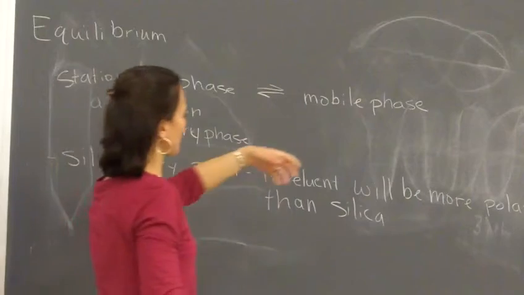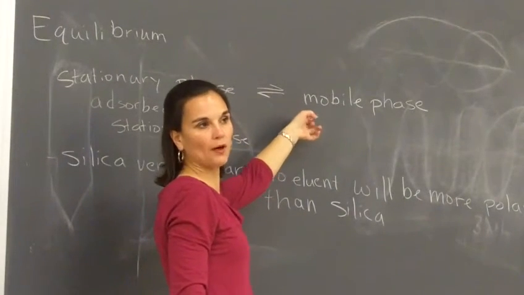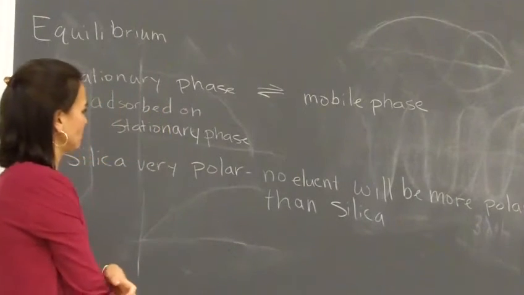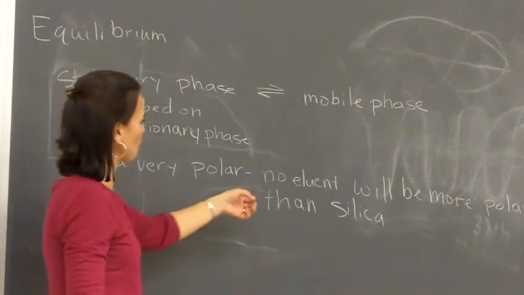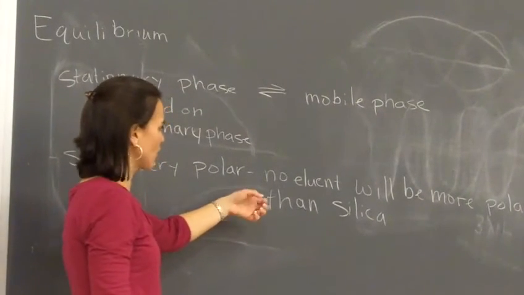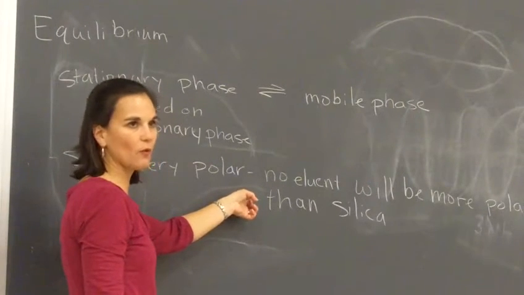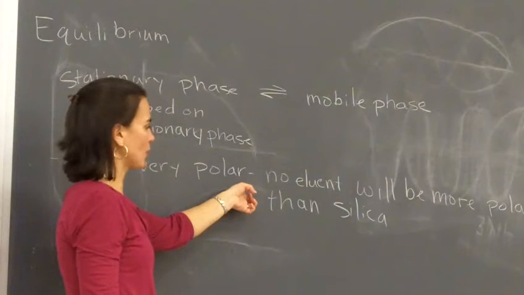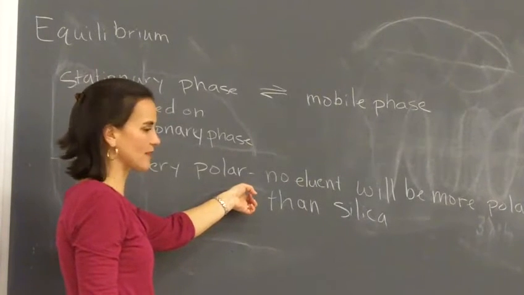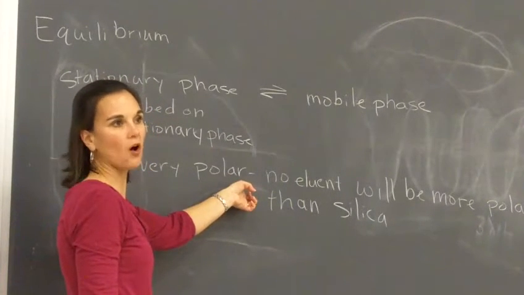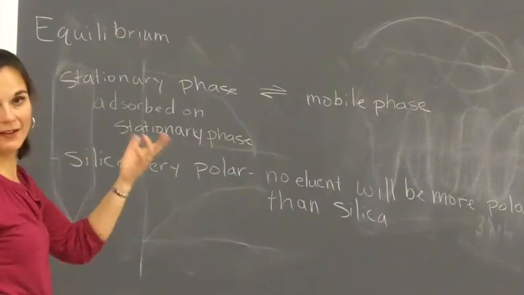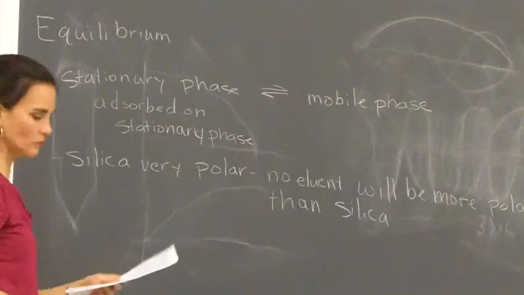And then we can adjust our mobile phase to be more or less polar as we need to, okay? But this is really key. Your silica, you're not going to have any eluent that will be more polar than the silica. It's really hard to do. In order to be more polar than the silica, you almost practically have to dissolve it to be able to do that, okay? And we don't want that because then our separations won't work.